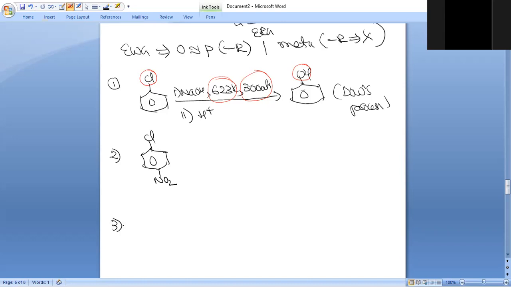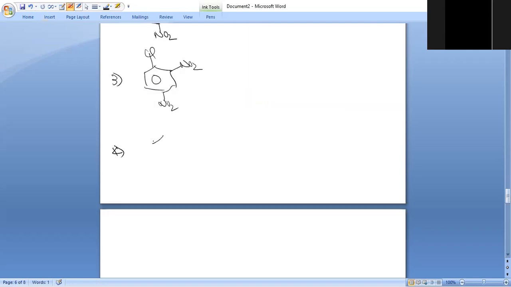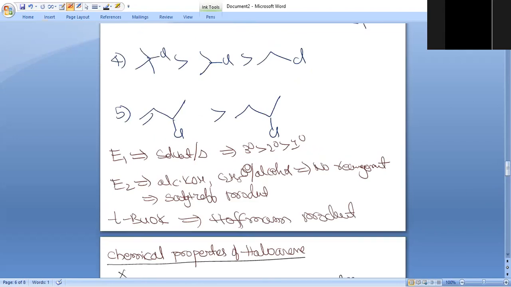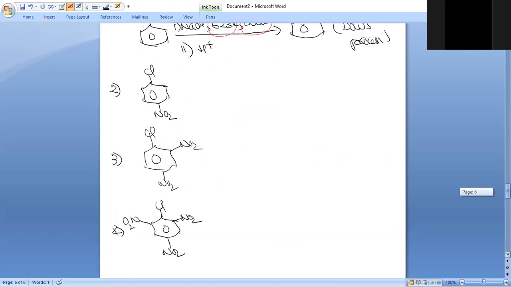Or we have two NO2 groups present. And next one, we have three NO2 groups present. So we have to discuss what happens to the reactivity. In that, first we have to see which one.